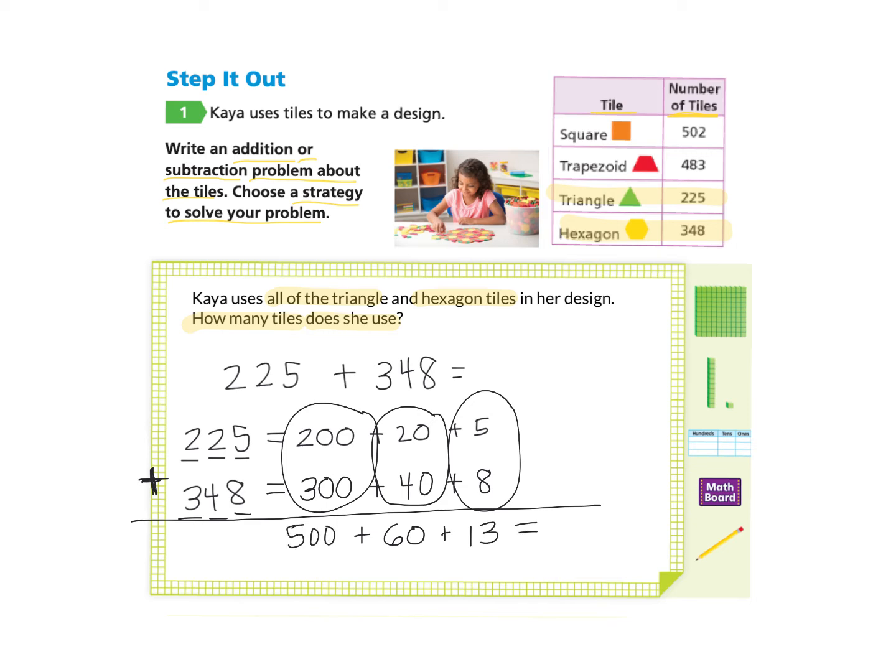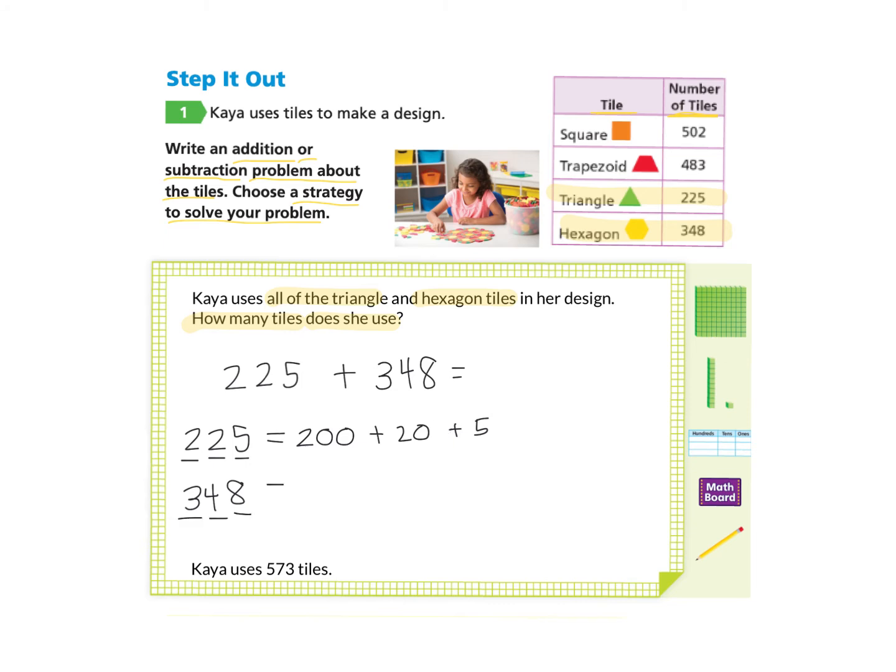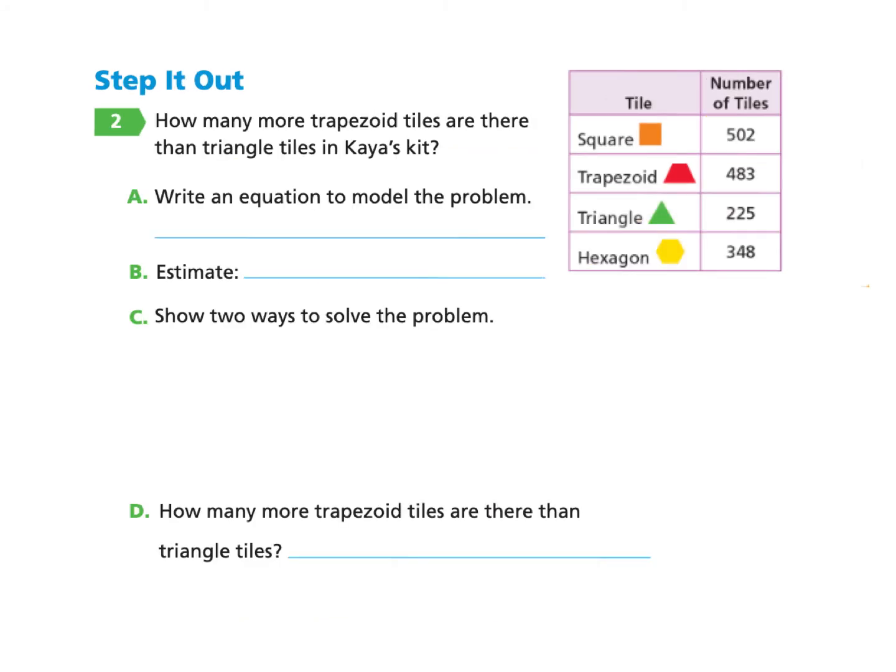So my answer is 500 plus 60 plus 13, which I will compute to find that that is 573. And I can answer the question, Kaya uses 573 tiles. Let's turn to the next page, page 290, under Step It Out, Part 2.